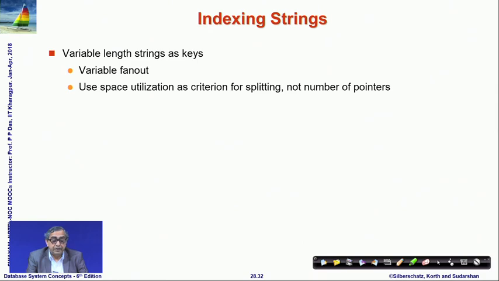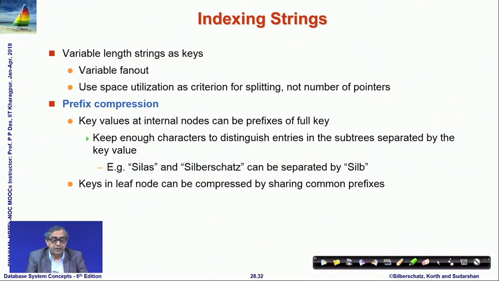Your indexing also may need to take care of the issues of strings. Variable length strings could be keys which have variable fan out, and so the general strategy in handling indexing with strings is to do what is known as prefix compression. So, you find out what is the shortest prefix which can distinguish between the strings.